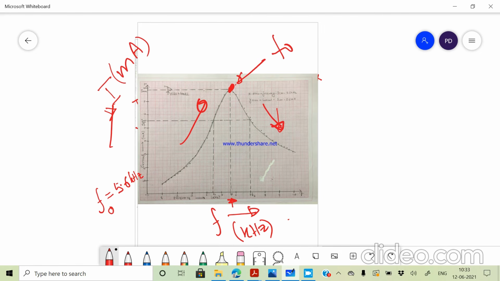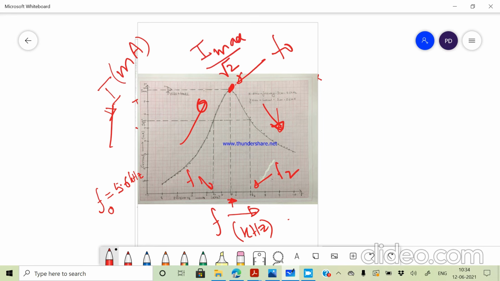There are two other frequencies, F1 and F2. F1 and F2 are defined as the frequencies at which the current becomes I max over root 2.